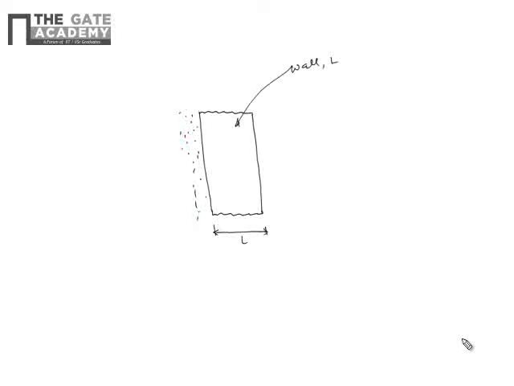Till now we have discussed the heat transfer through conduction only, and we were neglecting the heat transfer due to convection on the surface of a wall. Let us say this is a wall of thickness L, and its surface is subjected to convection on both sides.